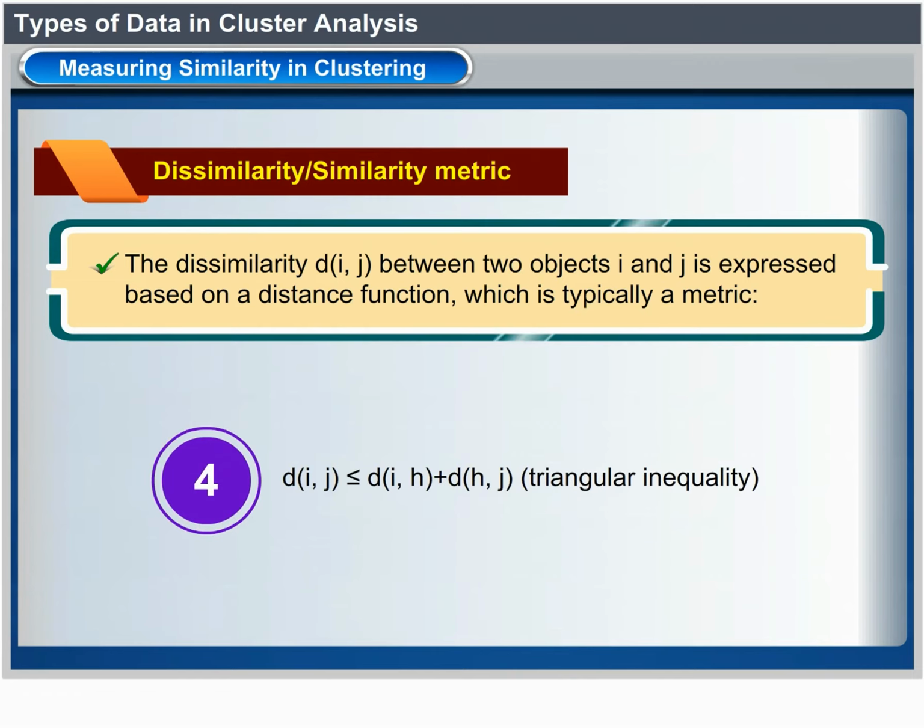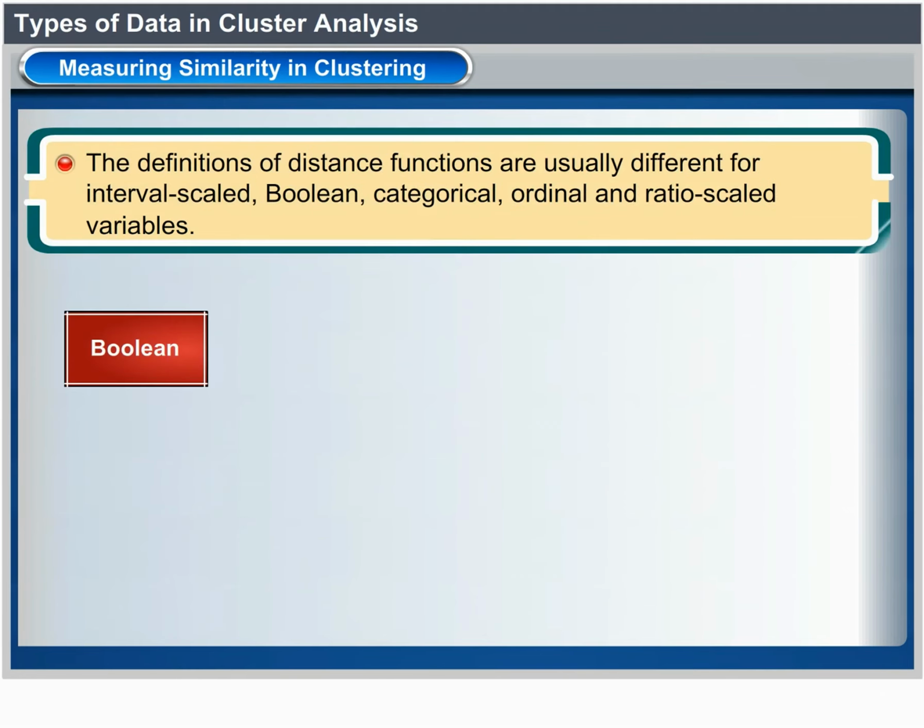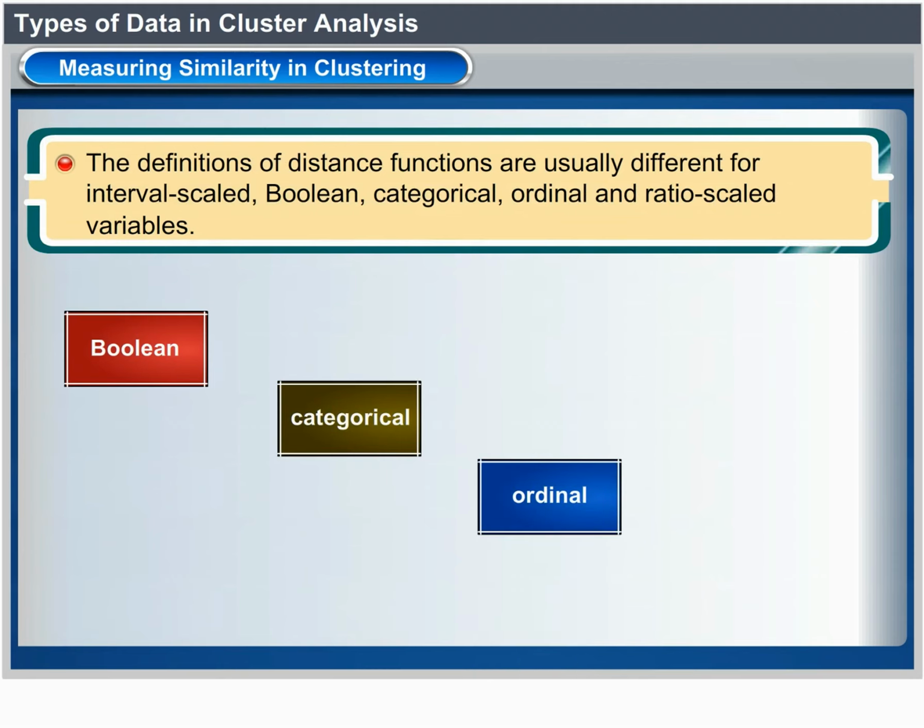The definitions of distance functions are usually different for interval-scaled, Boolean, categorical, ordinal, and ratio-scaled variables. Weights may be associated with different variables based on applications and data semantics.